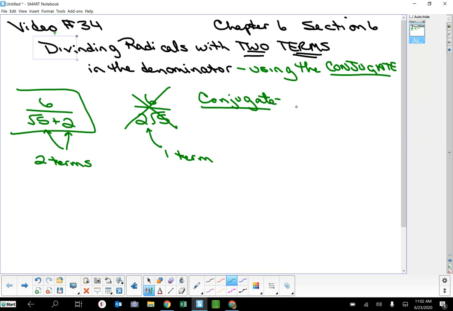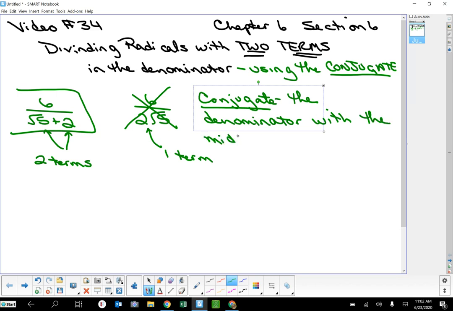The conjugate is the denominator with the middle sign changed. And only the middle sign. So that's the definition, the conjugate with the middle sign changed.